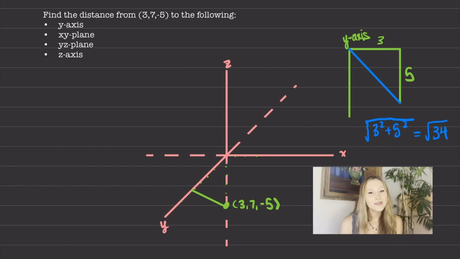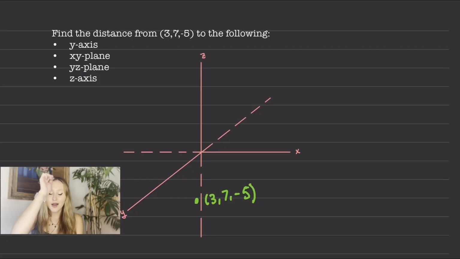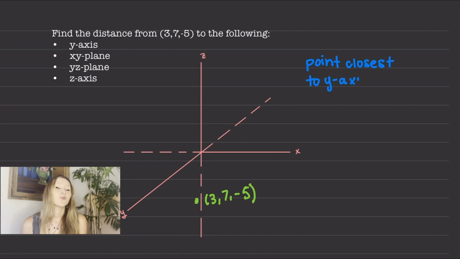Perfect. That was the intuitive way to do this problem, the way that I would do it. However, that is not the way that I just taught you with the distance formula. So this is the way to do it with the formula, and you can decide which one works better for you. What we did was find the distance between the point (3, 7, -5) and the point closest to us on the y-axis, i.e., the point where x is equal to 0 and z is equal to 0.